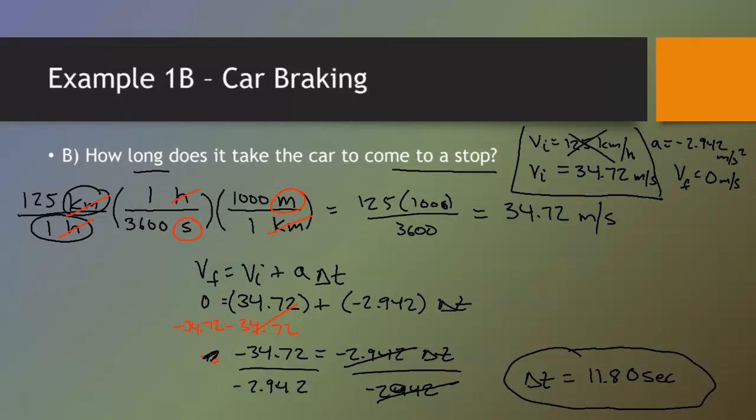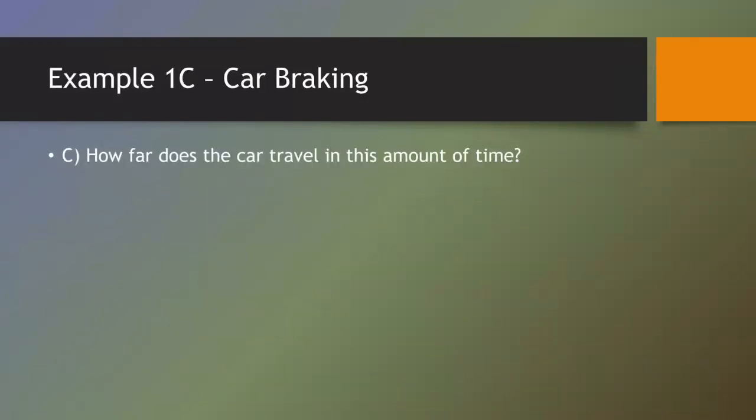There's going to be one more piece that we're interested in, which is how far does the car travel in that amount of time? Now we know a lot of things about the motion of the car. We know the acceleration from the first part of the problem, from the braking force of the car. We know its initial velocity from when we converted 125 kilometers per hour to 34.72 meters per second.